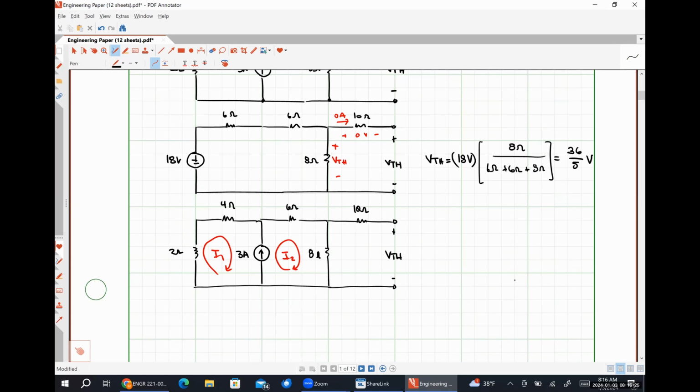So I can see that I2 minus I1 is equal to 3 amps. And then I'm going to lump some things together here. 2 ohms plus 4 ohms looks like 6 ohms times I1. 6 ohms plus 8 ohms looks like 14 ohms times I2 is equal to 0. And then I can solve this system for I1 and I2.